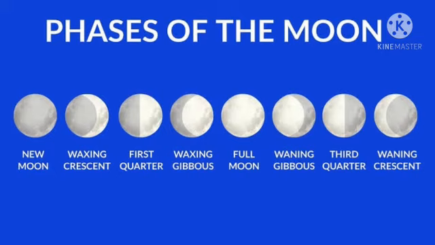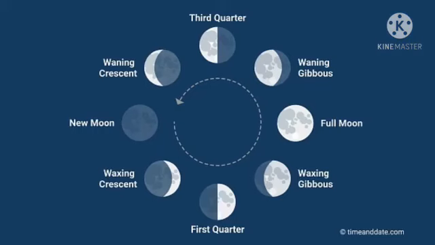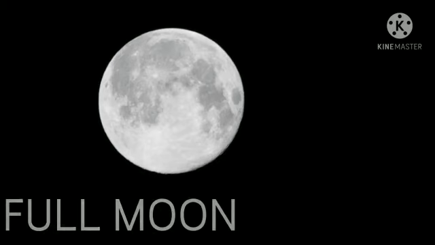The moon rises at different times every night. If you search for the moon at a fixed time every evening, you will see it in different places. The shape of the moon also changes every day.